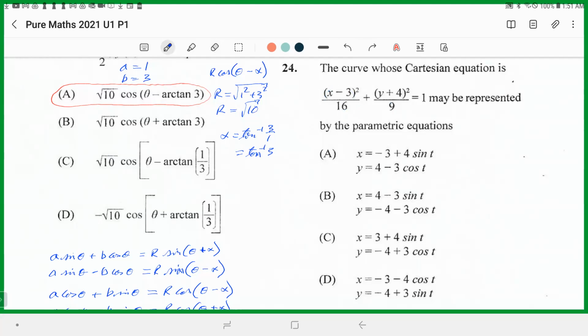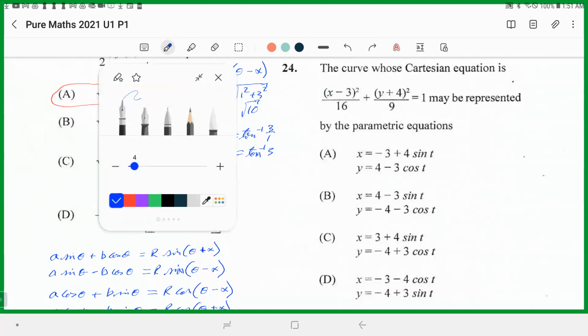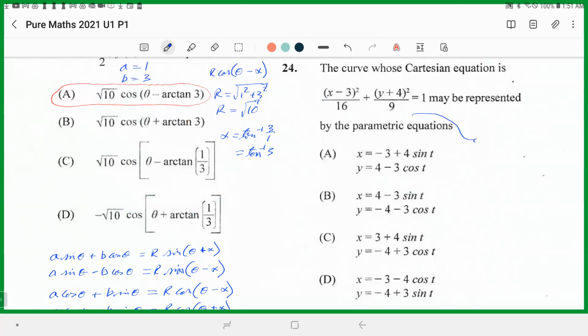So this equation would basically become the same as x minus 3 over 4 squared plus y plus 4 over 3 squared equals 1.